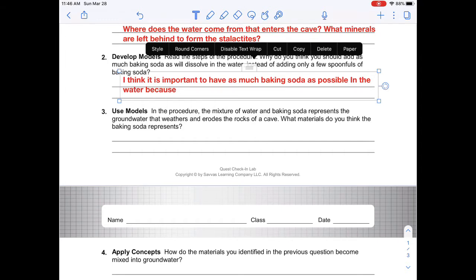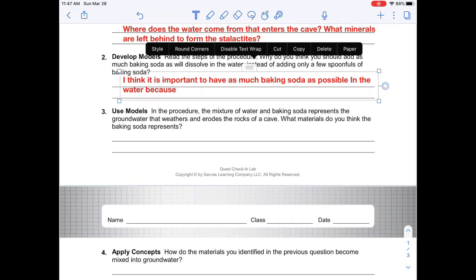All right, then it says use models. In the procedure, the mixture of water and baking soda represents the groundwater that weathers and erodes the rocks of a cave. What materials do you think the baking soda represents? Okay, so they're saying that in this experiment, the mixture of the water and the baking soda is going to represent the groundwater that would go into a cave that would erode the rock of the cave.